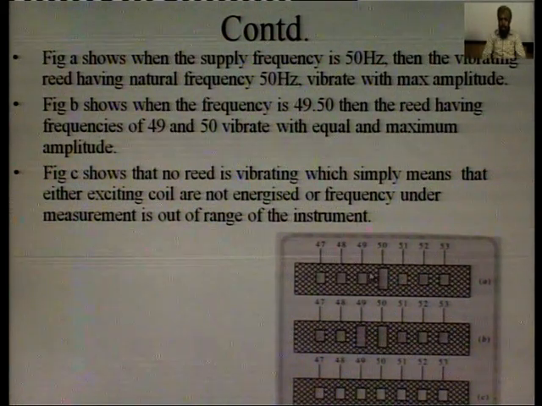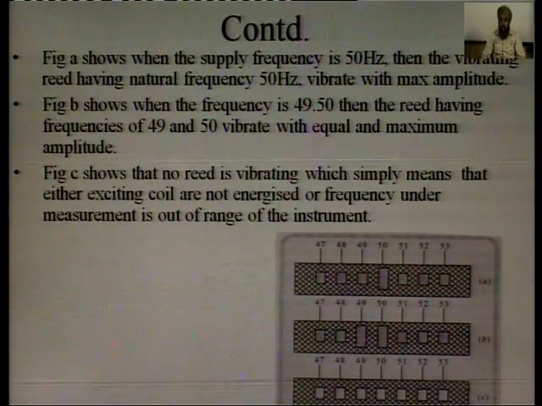Now figure B shows that when the frequency is 49.50, then the reeds having frequencies of 49 and 50 vibrate with equal and maximum amplitude. So if the frequency is in between 49 and 50, then both the reeds having frequencies 49 and 50 will vibrate, and the measurement of the frequency comes out to be 49.50.